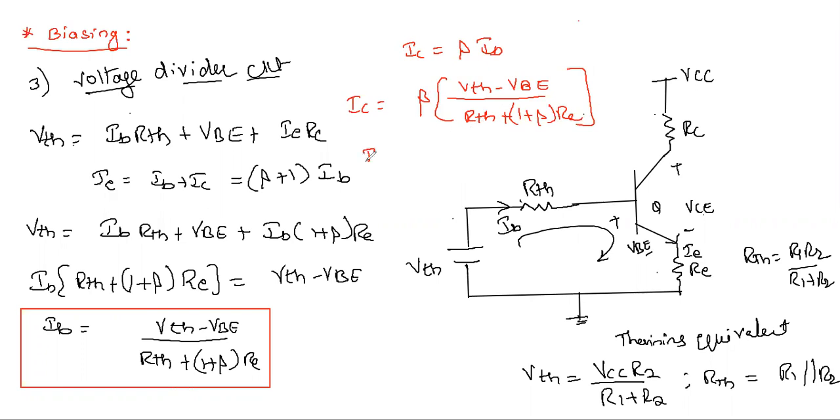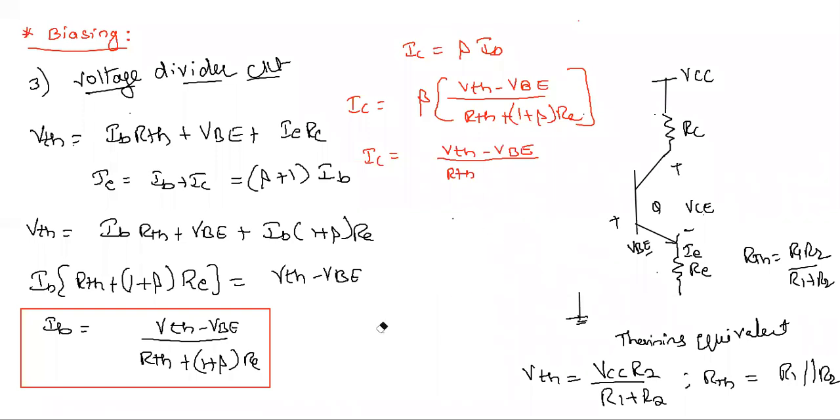Approximately, we can write it as VTH minus VBE divided by RTH plus 1 plus beta into RE, whole divided by beta.